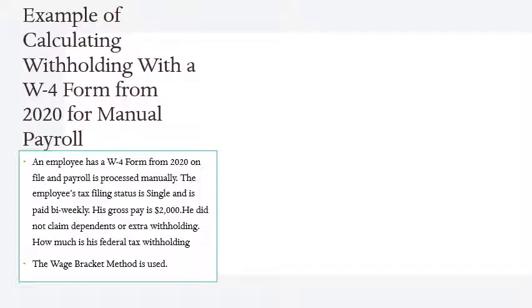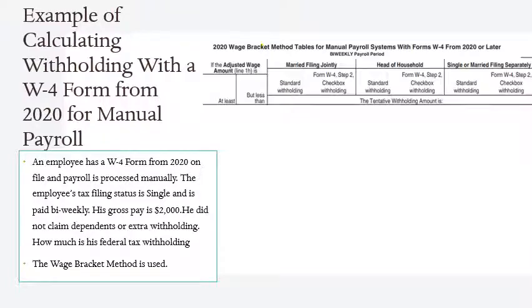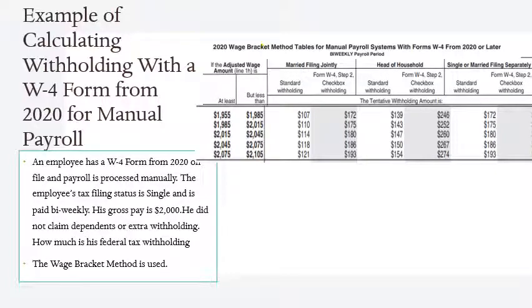So this employer also has elected to use the wage bracket method, and he can do so because he processes payroll manually. So let's go ahead and make sure you have the correct wage bracket here. You want to make sure that it is for a biweekly payroll system, and you want to be sure that you are looking at the amount if the employee is single.